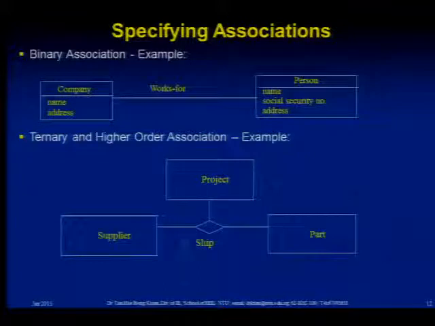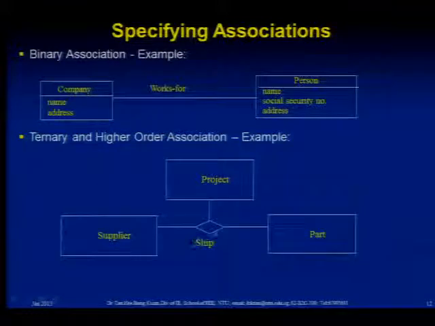Like this case, this is a ship association between objects of these three classes: supplier, project, and part. So we define a diamond to represent it and connect the diamond to all the associated classes.